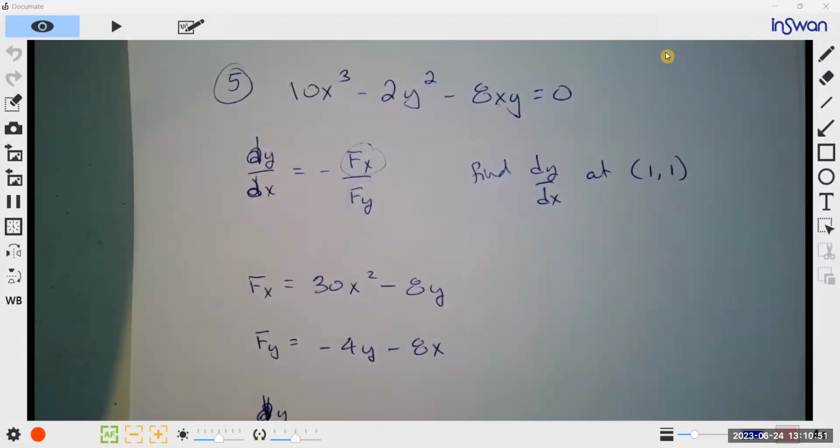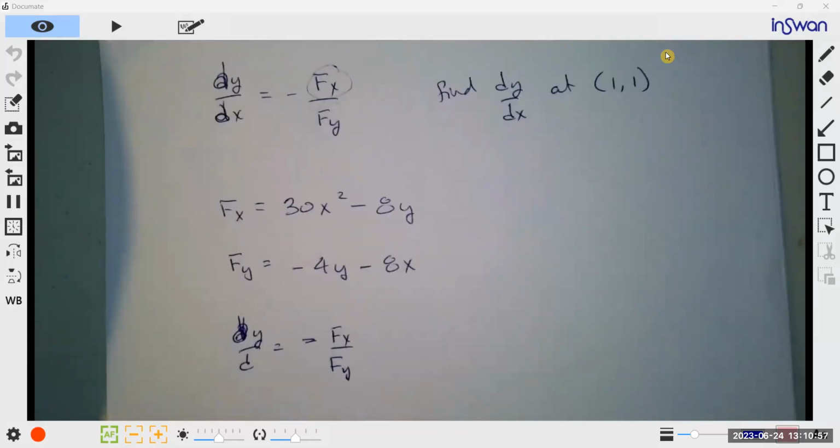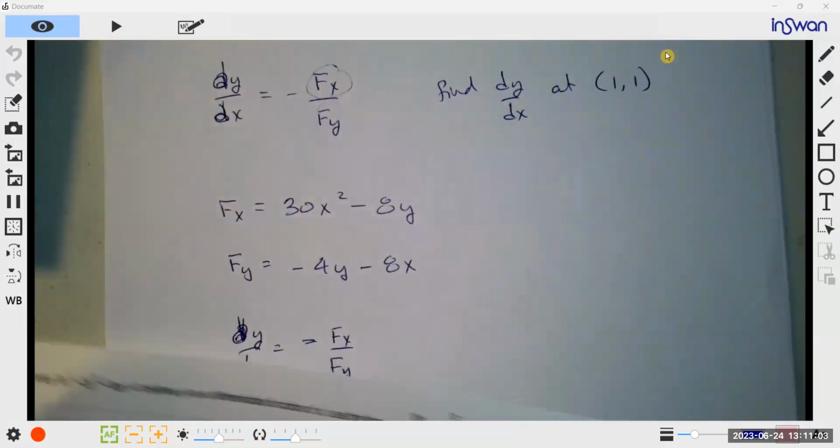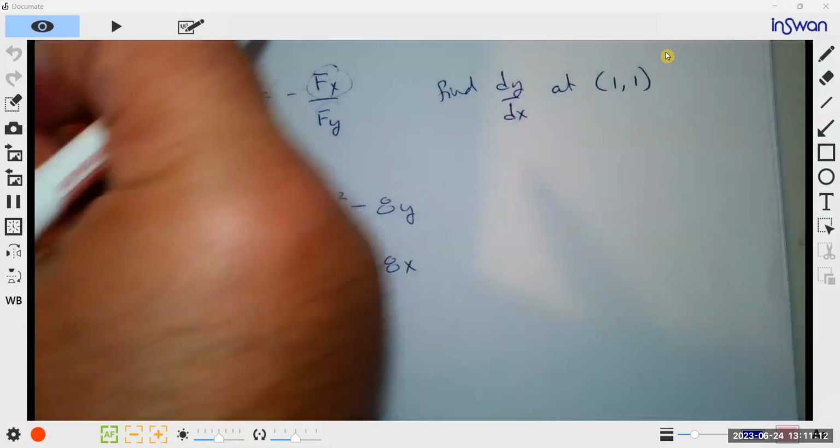So dy/dx is equal to the negative of F_x over F_y, at (1, 1).